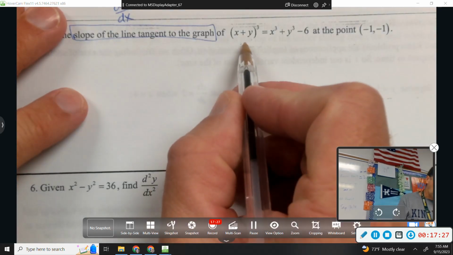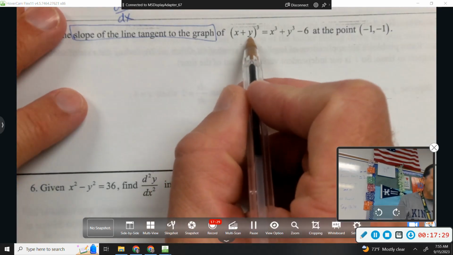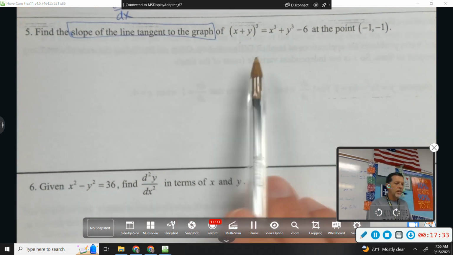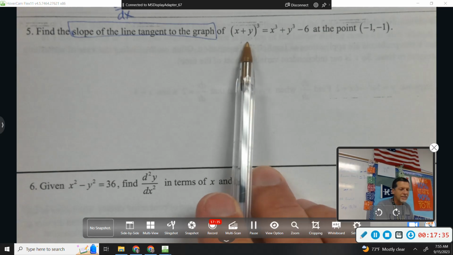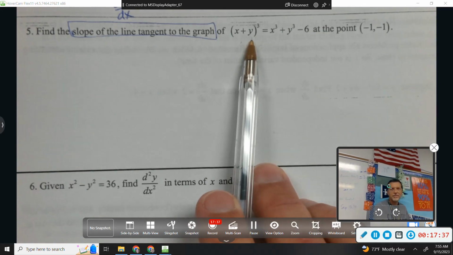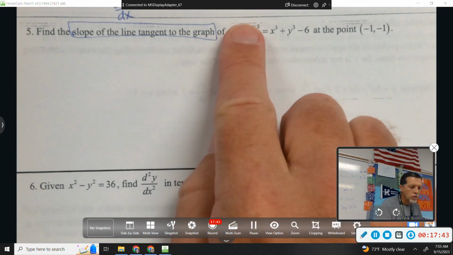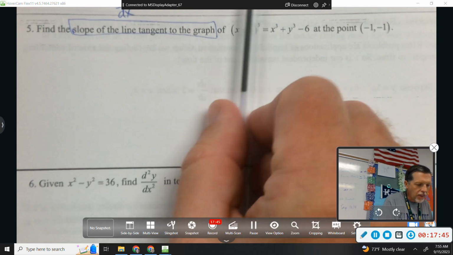Okay, derivative of (x plus y) cubed. I guess I have an option here. The option I'd rather not take is to cube this thing out. No, thank you. The option I am going to take is to just use the power rule on that thing as a whole.